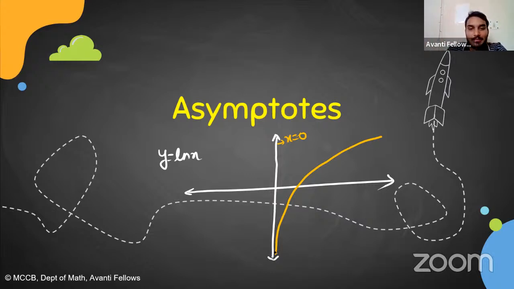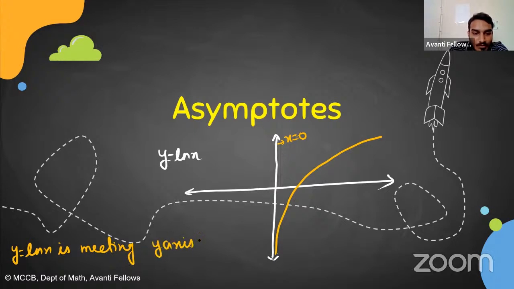We say that this curve is meeting the y axis at infinity, yes or no? So you can say that y is equal to ln x is meeting the y axis, the line x is equal to 0, at infinity, yes or no, right?